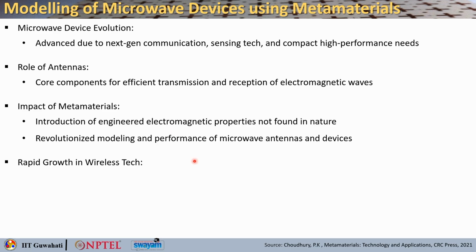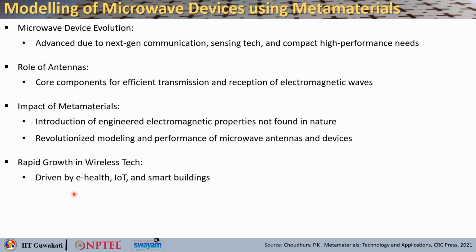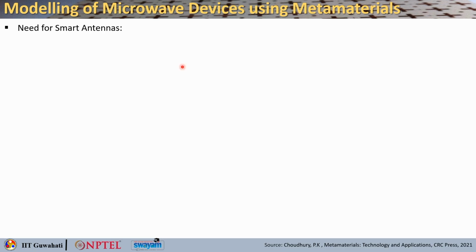So, wireless technology has been growing exponentially since the beginning of this century, due to the applications in domains like e-health, IoT and also smart buildings. So, this growth can continue if we develop smart antenna systems that can combat a widened spectrum with energy efficiency.